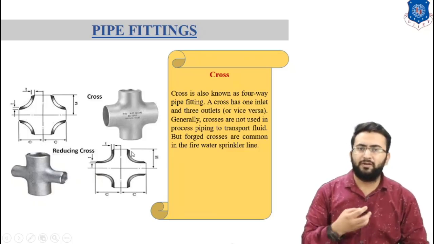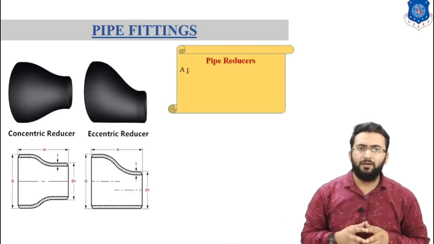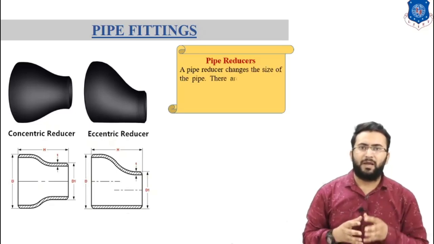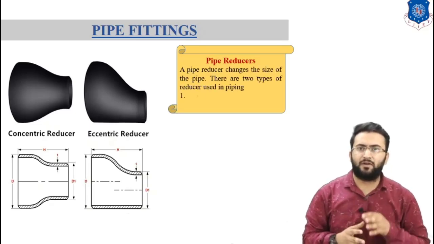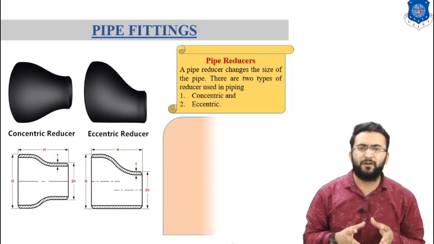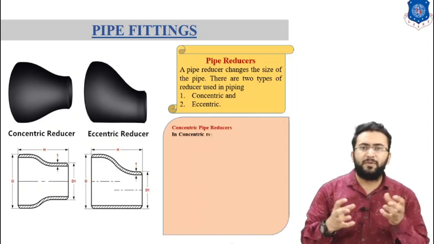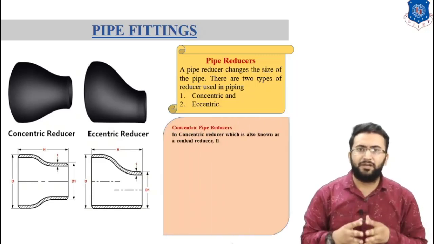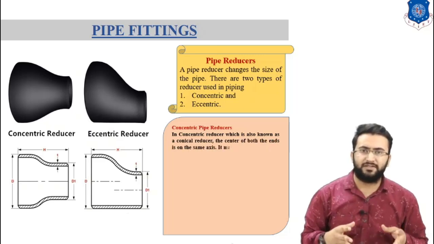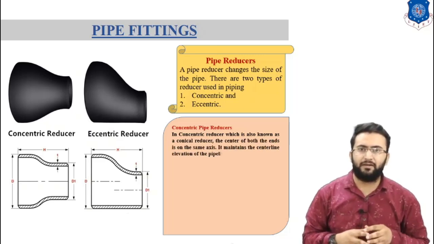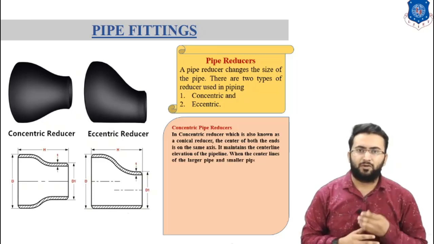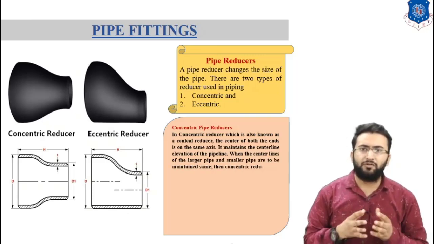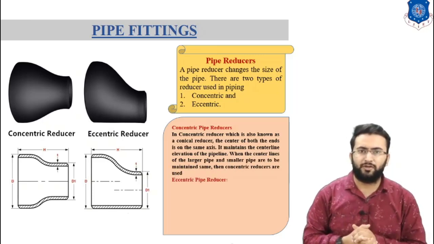So let's talk about the next pipe fitting, which is a pipe reducer. A pipe reducer changes the size of pipe and is mostly used to fit two different diameters of pipe. There are mainly two types of reducer, a concentric reducer and an eccentric reducer. A concentric reducer is also known as a conical reducer.